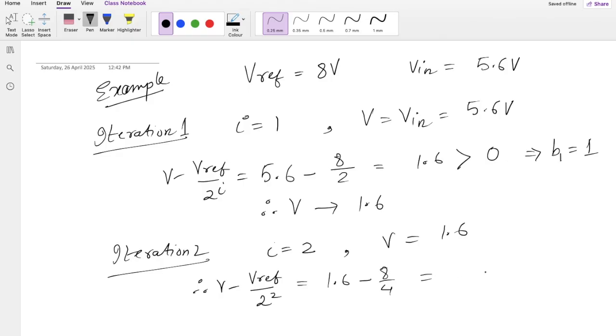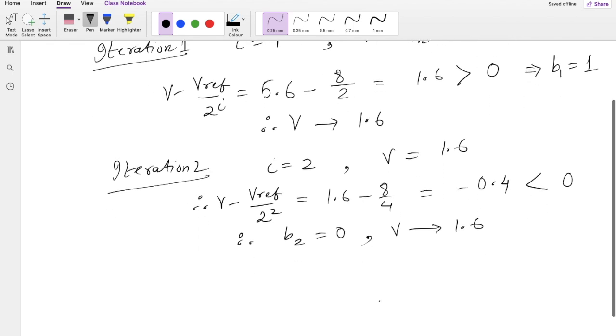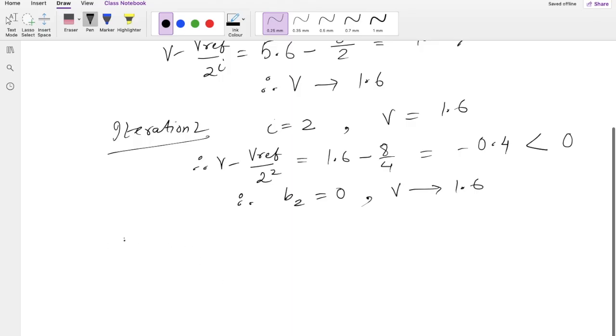This happens to be minus 0.4, which is less than 0. Therefore B2 will be 0 and V will not change, it will remain 1.6 only.